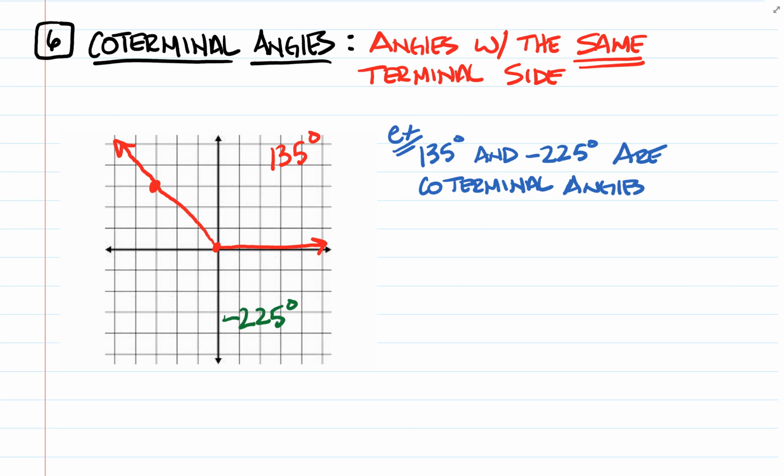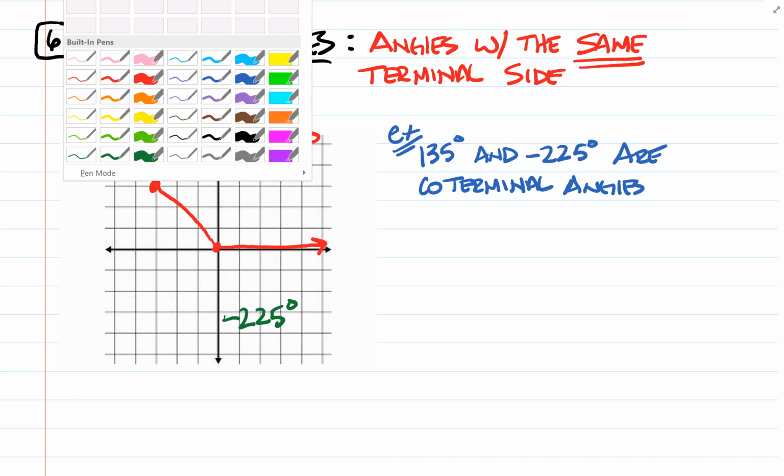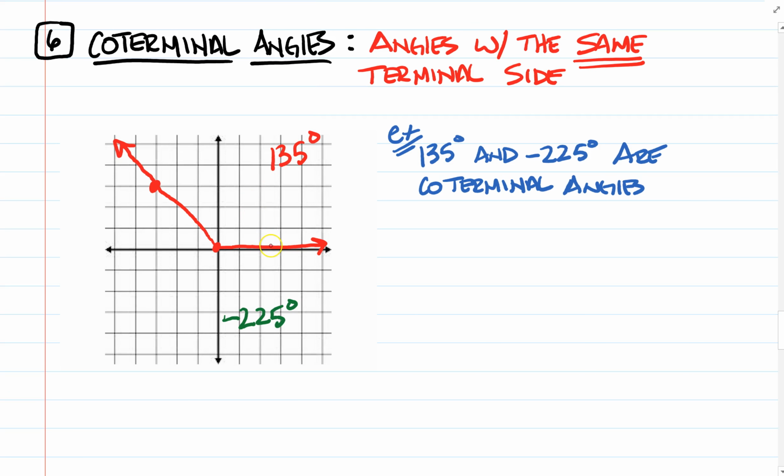Okay, in box number 6, we're going to talk about coterminal angles. And a coterminal angle is nothing more than an angle that has the same terminal side. So the best way to show you this is to give you an example of 2 angles that are called coterminal. Let's say, for example, I have 135 degrees. So this is a positive angle, and it's been swept out to 135 degrees in this direction.